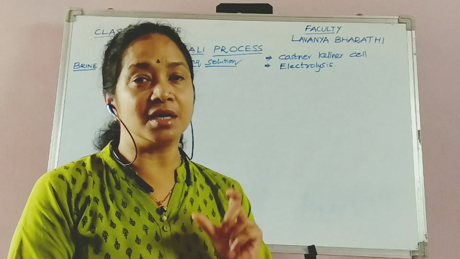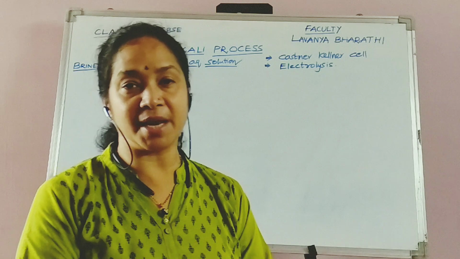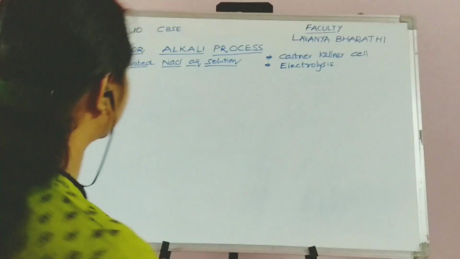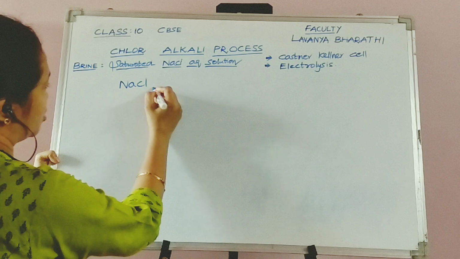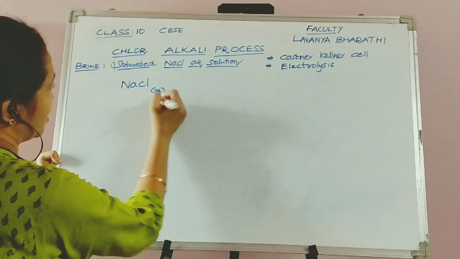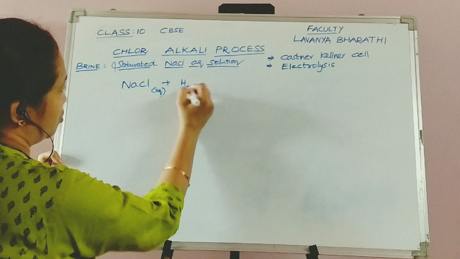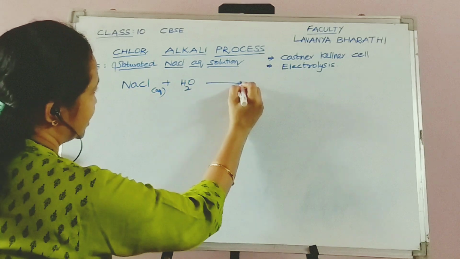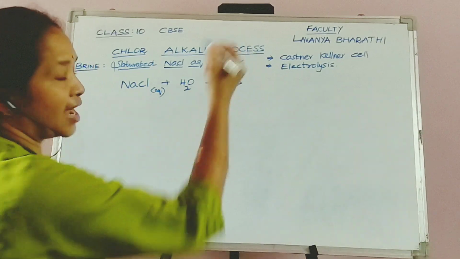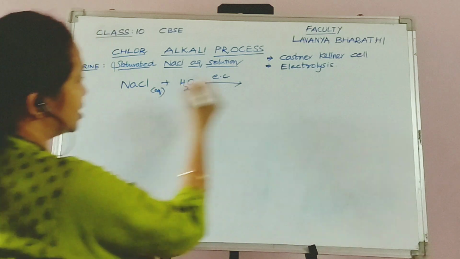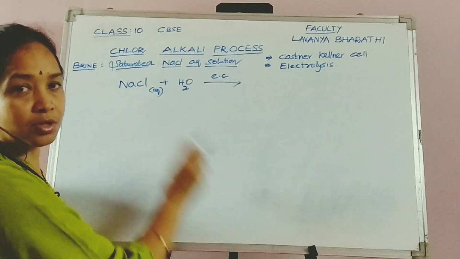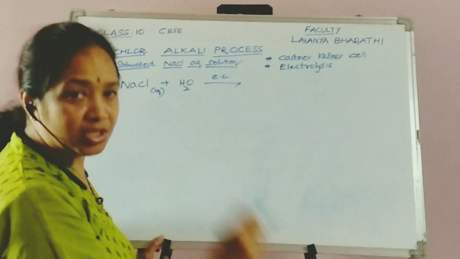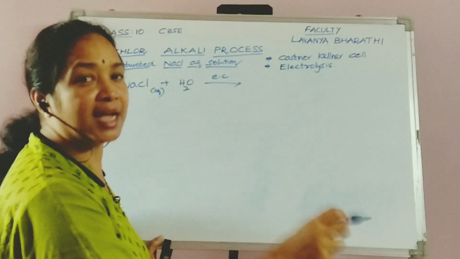So here I am going to explain the important reaction. Please look at the board. Sodium chloride aqueous solution, plus H2O, is written here. This is done in the presence of electric current. So this brine solution decomposes into alkali as well as chlorine.